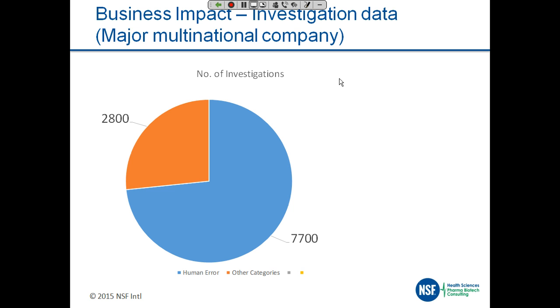We've done quite a bit of work directly with companies in this area of human error and managing and improving investigation systems. In one case study, you could say, roughly speaking, they have to manage about 10,000 deviations in a year.